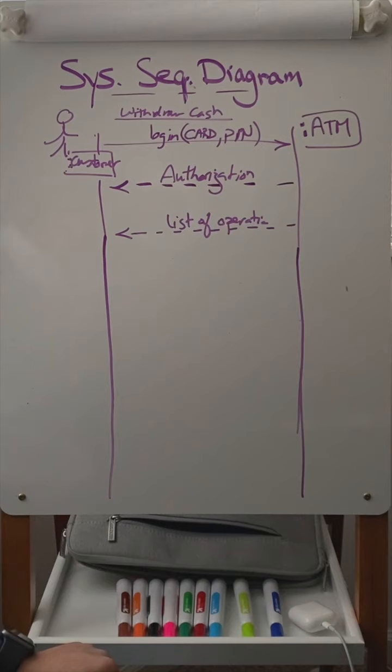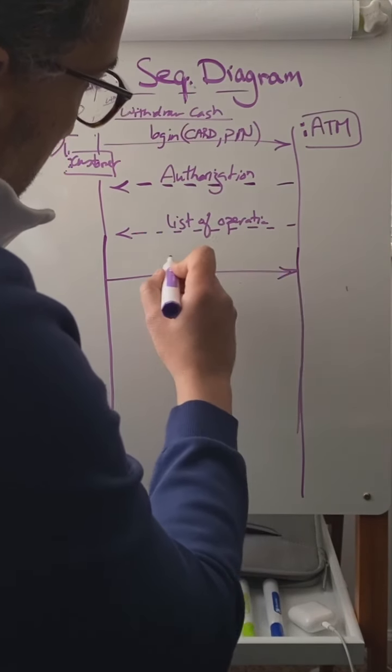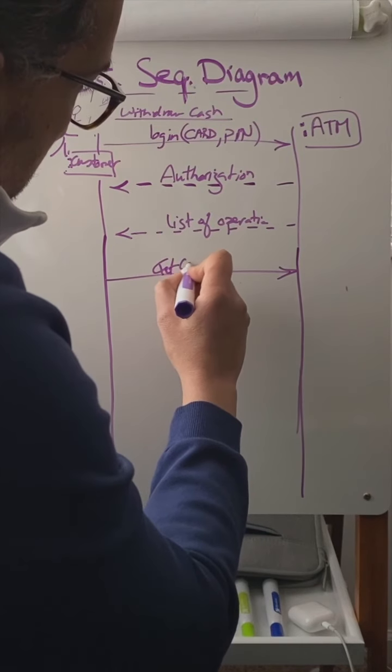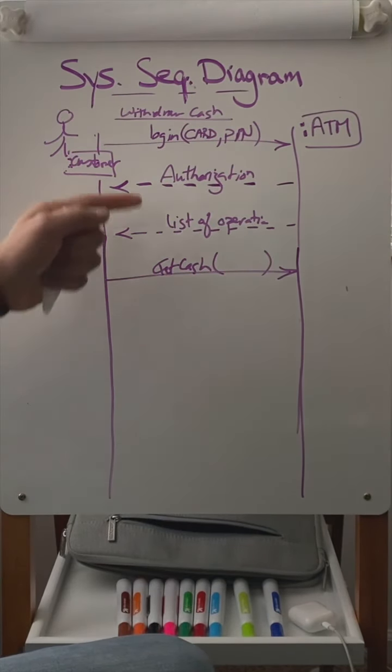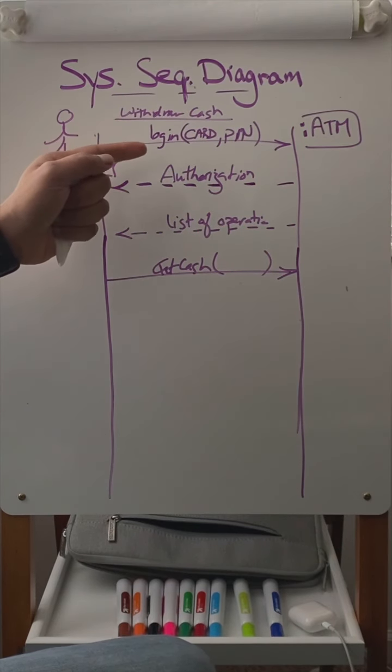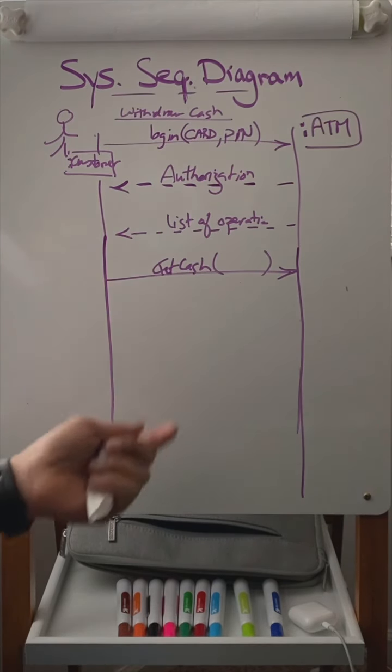So for this one would be maybe get cash. We notice that each of these names is a verb or an action. It's not like cash withdrawal.